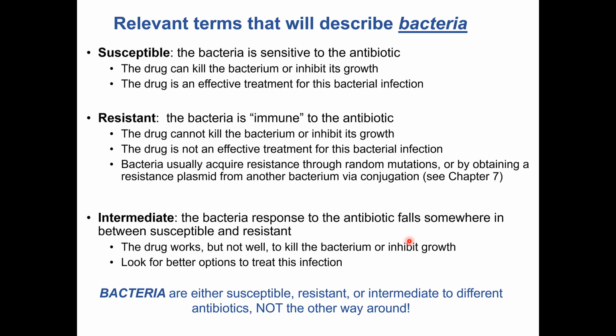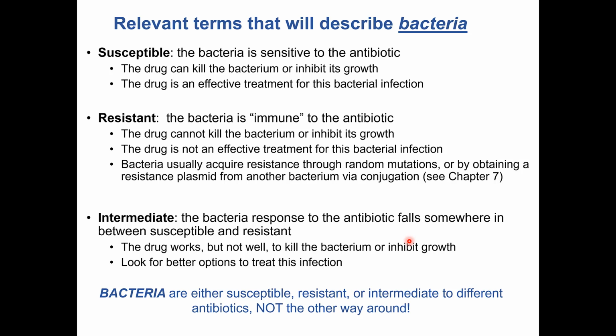Another term is resistant, and that means that the bacteria is somehow immune to that particular antibiotic or whatever drug you're testing on it. That means the drug can't kill the bacteria or inhibit its growth, and therefore that drug will not be an effective treatment for an infection caused by that bacteria. Now, how do bacteria become resistant to different drugs?